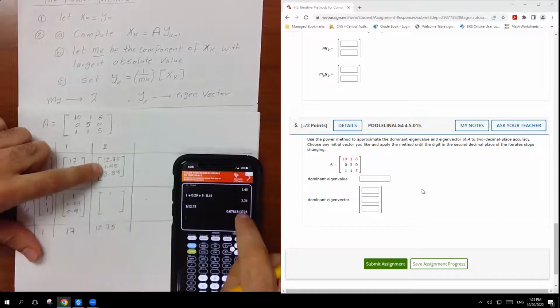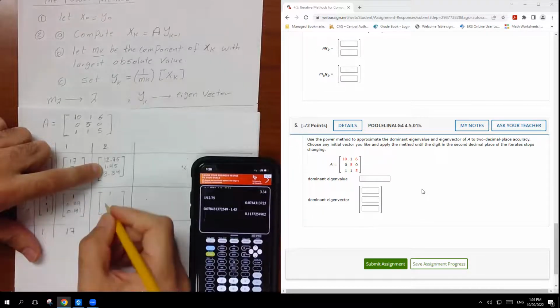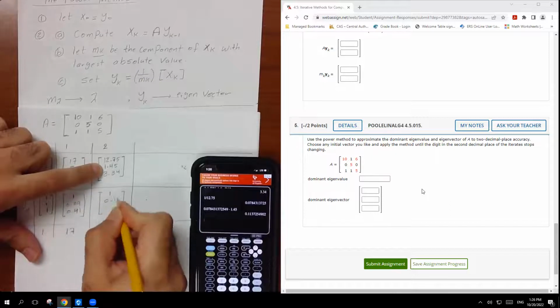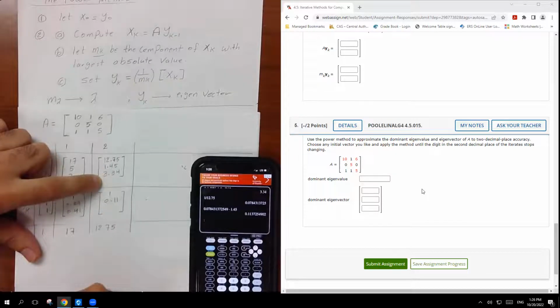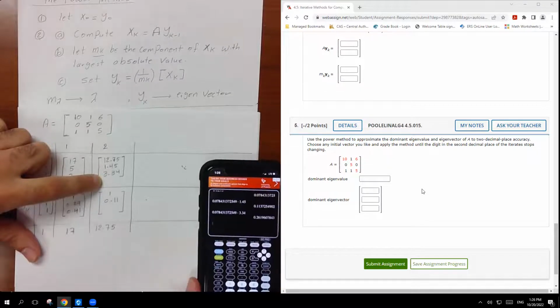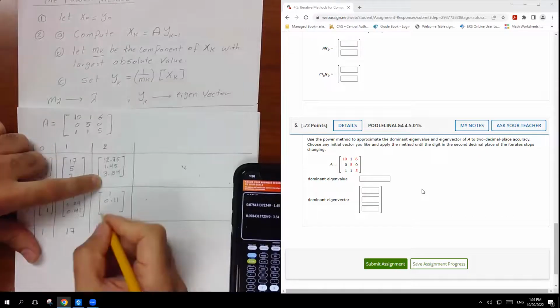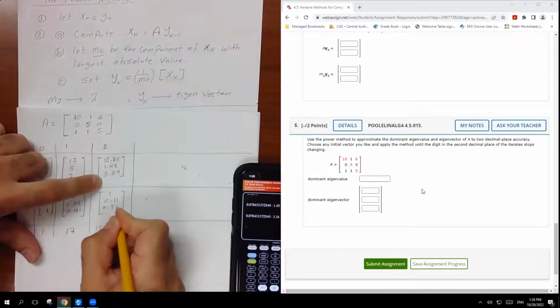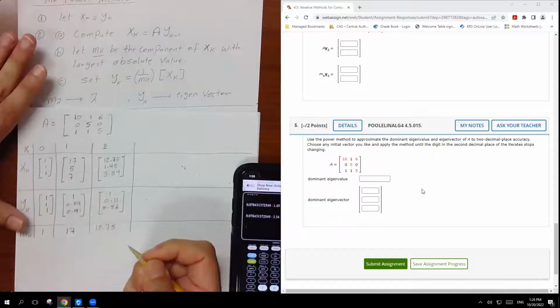Now this number times 1.45 is going to be 0.1113, so 0.11. And this number times 3.34 is going to be 0.261, so 0.26. That's the second iteration.